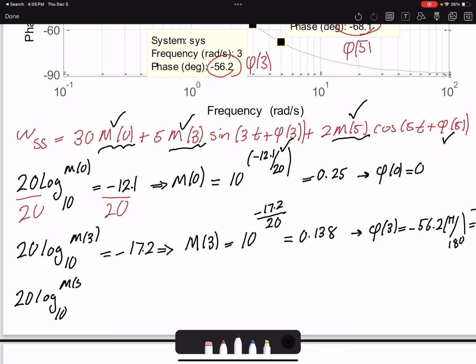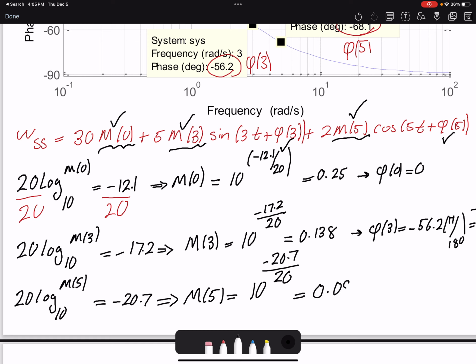Do the same thing for M5. That's negative 20.7. So M5, meaning the magnitude at the frequency of 5 radians per second, would be 10 to the power of negative 20.7 divided by 20.